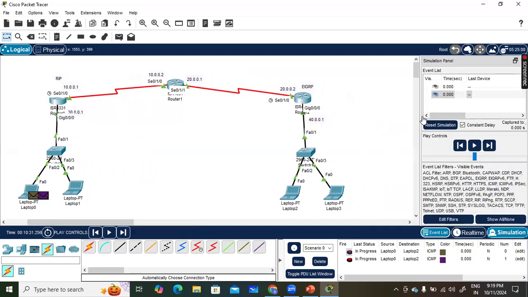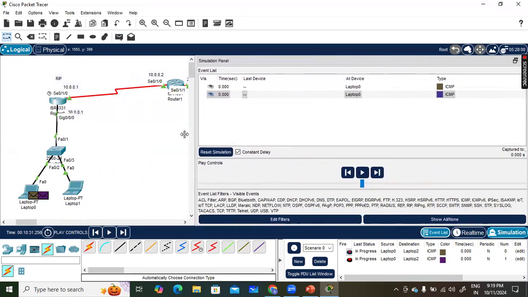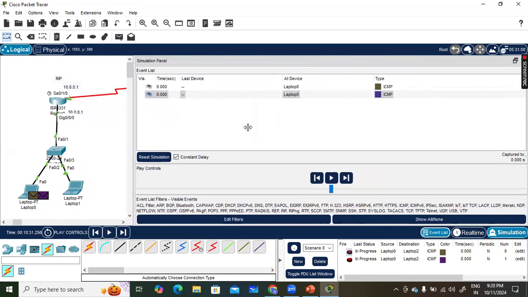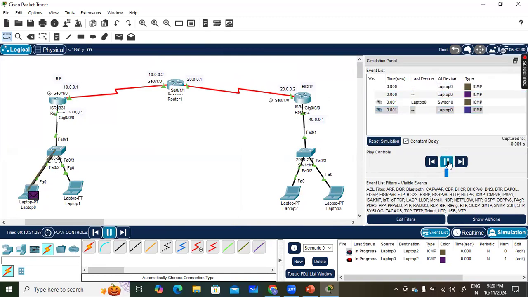Go to simulation. Yeah, see now. So data has been sent to the router.